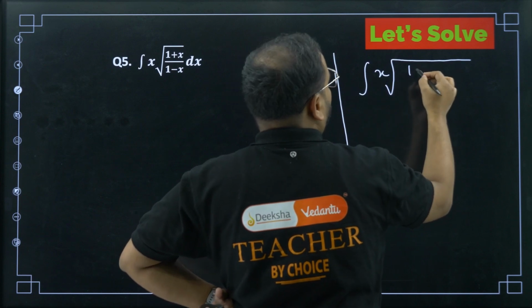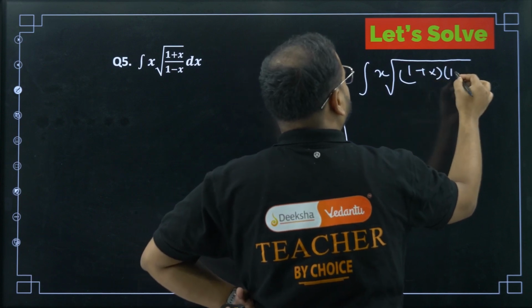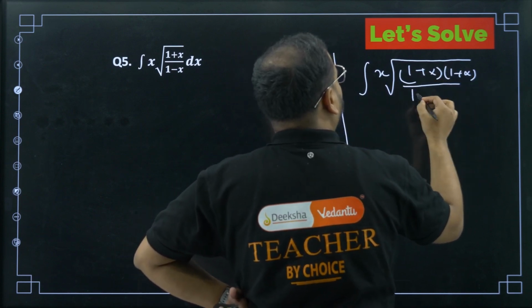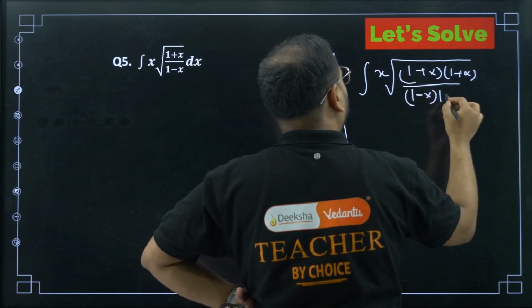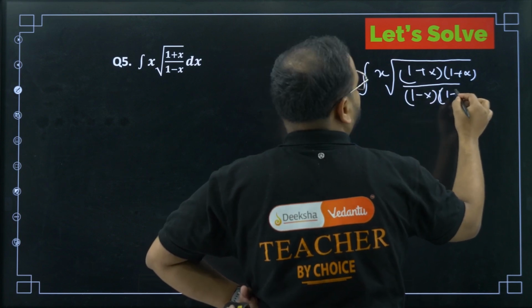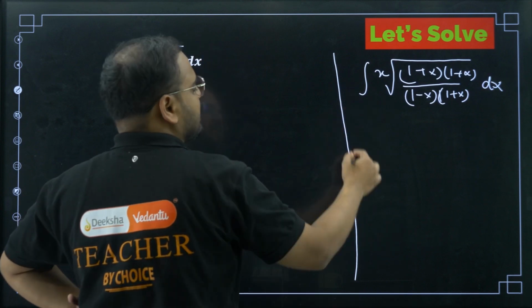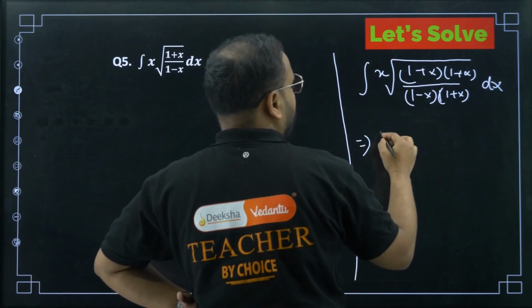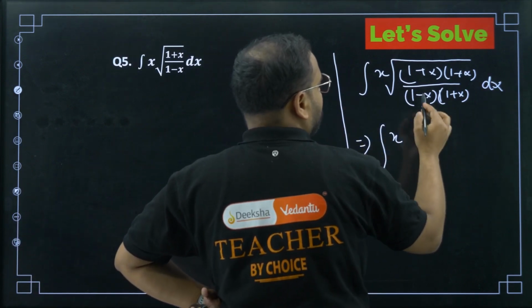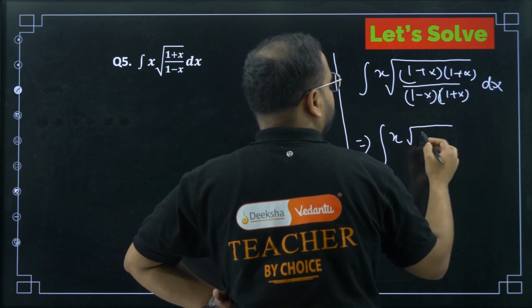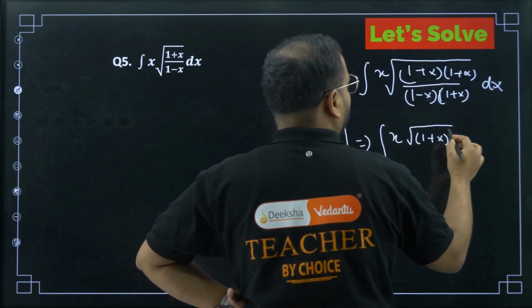I'll get 1 plus x times 1 plus x upon 1 minus x times 1 plus x dx. Am I right? Yes. Now please take this again. It will be x times, this will be simply 1 plus x the whole square.